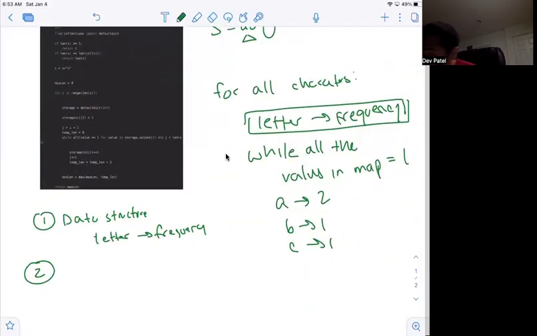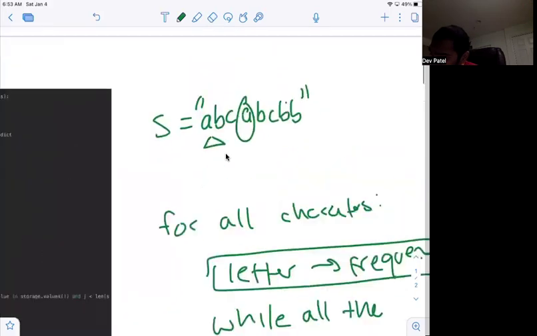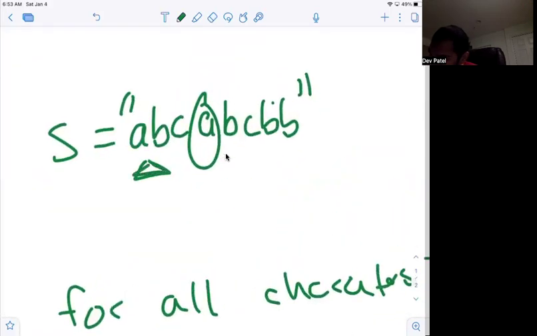Another thing is this problem is very good at visualizing what steps you want to do to solve the problem. So what do I mean by that?